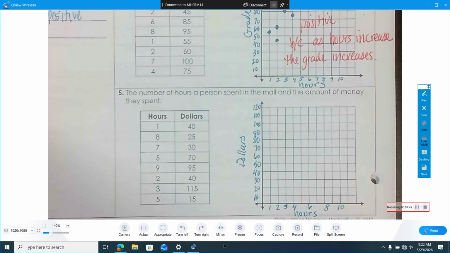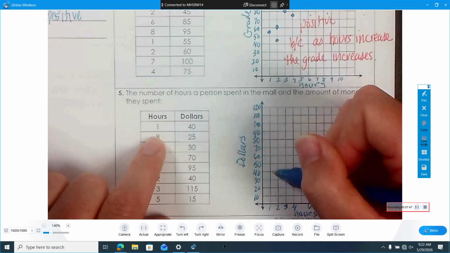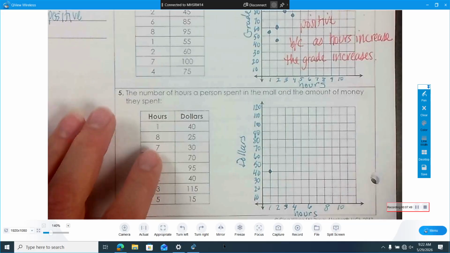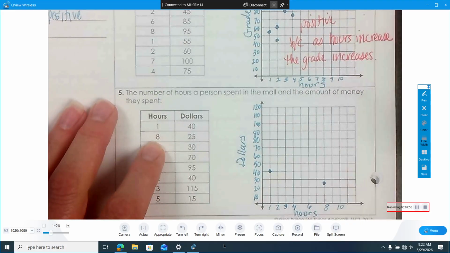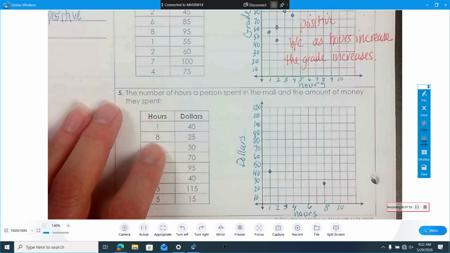Once again, let's go ahead and plot the data. At 1 hour, we spent $40. That's pretty standard. 8 hours, you spent $25. They were in the mall a long time. They must have just had lunch. 8 hours at the mall, man.